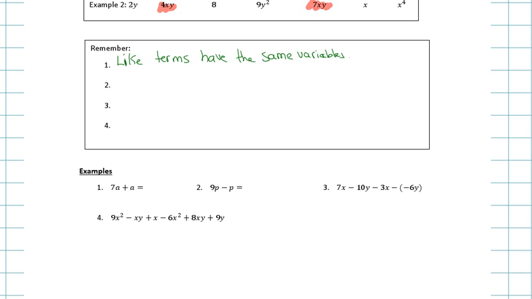I'm going to give an example here. So let's say I have 2xy, 3xy, xy. These are all like terms because they have the same letters. Both letters are there and they have the same degree.